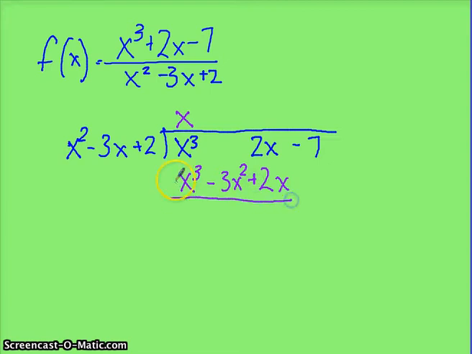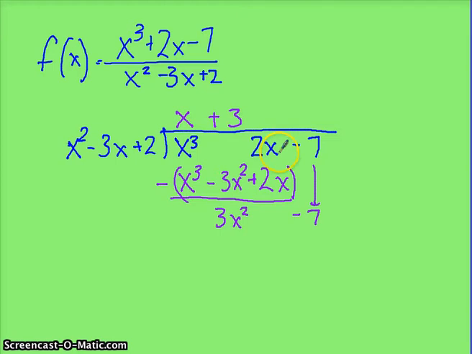Then I change the signs, I'm going to subtract. That cancels. 0 minus a negative gives me that, and 2x minus 2x is 0. No problem, and I'm going to just drop that. X squared goes into 3x squared 3 times.